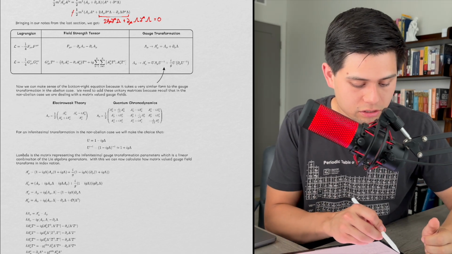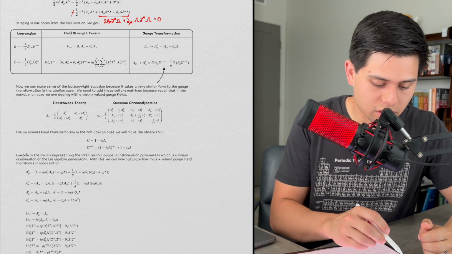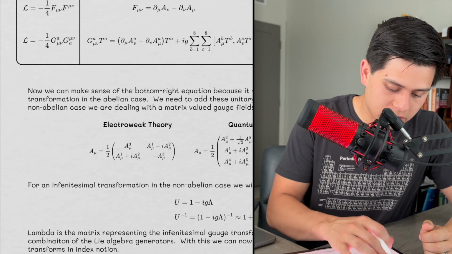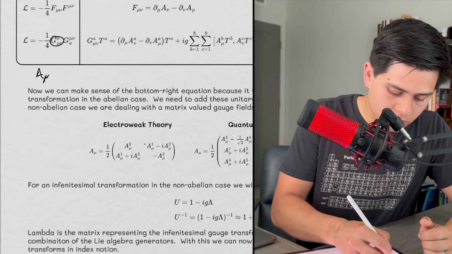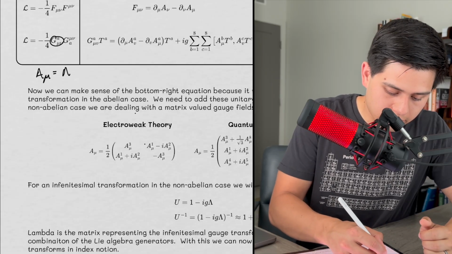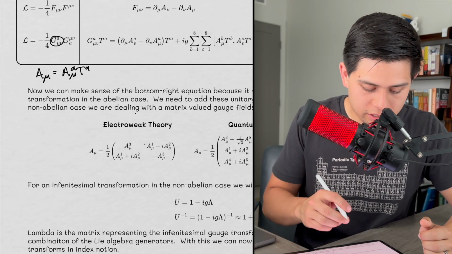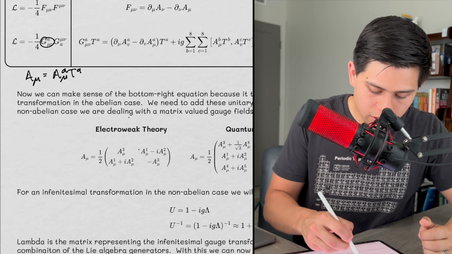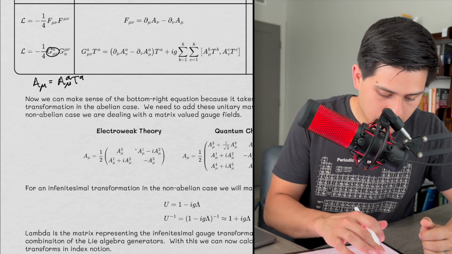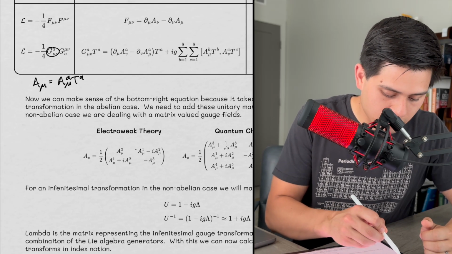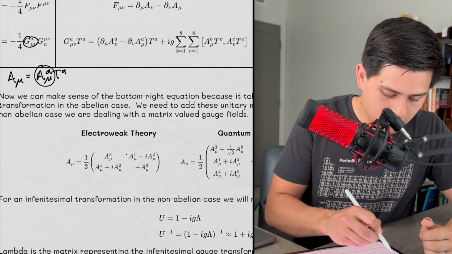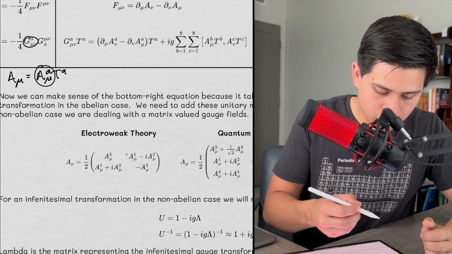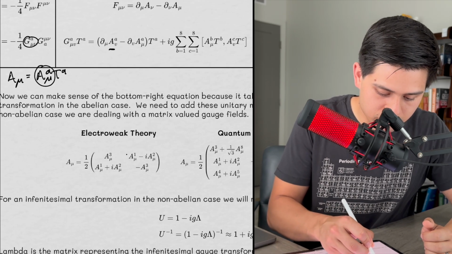The reason this is non-abelian is because these guys came from A mu equaling A mu a T a. There's a secret Einstein sum in there. So these guys here are these guys right here.